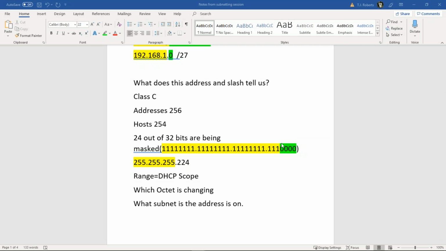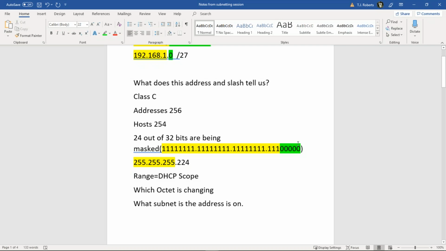You just double it all the way to the last bit. 16, 32, 64, and 128. There we go. So you're just doubling all the way.